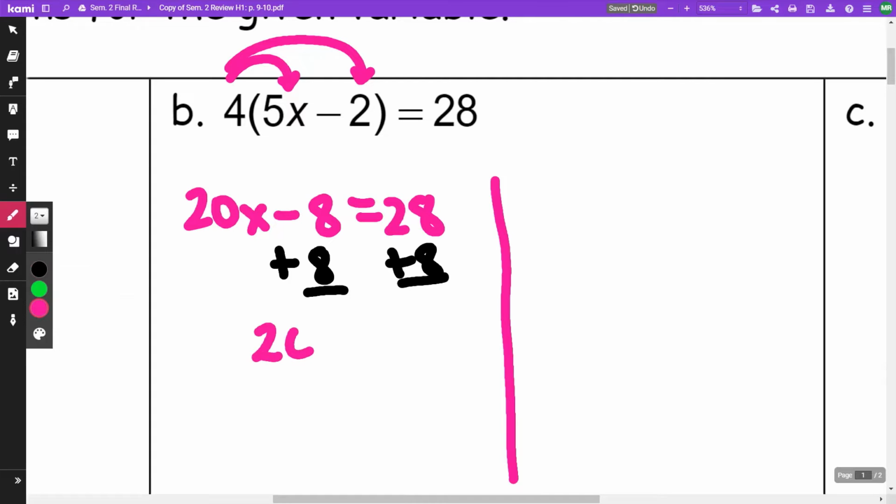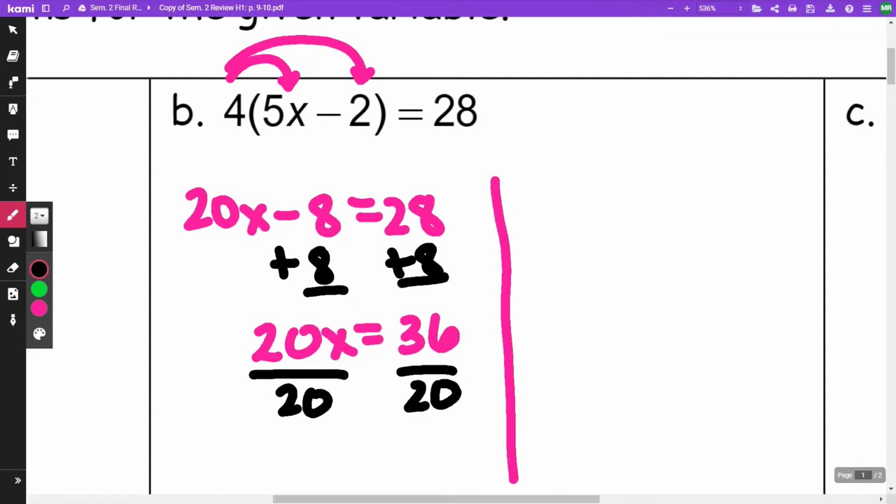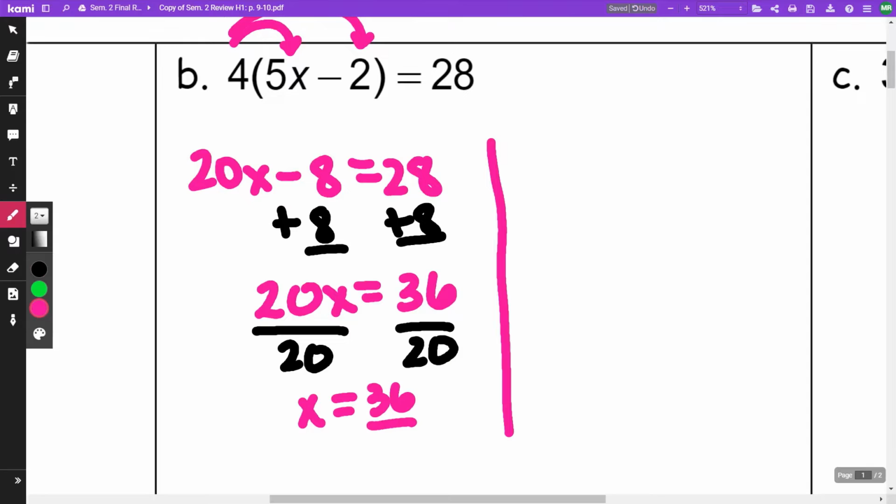And we get 20x is equal to 36. I am going to divide both sides by 20. And when we do, we can leave it as a fraction. It is 36 over 20, which can reduce. 4 goes into both of them, so this is going to be 9 over 5.